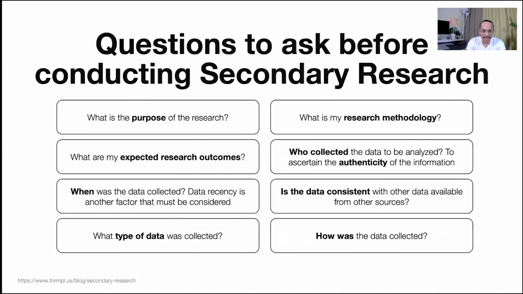So this really helps. And whenever conducting this secondary research, these are a few questions that you should always ask. What is the purpose? Why am I doing the research, and what am I looking for? Have that core thing defined. And what is my research method? Basically, what should I do? Should I read only white papers, or white papers plus news, or white papers plus news plus literature by government agencies plus internal data?